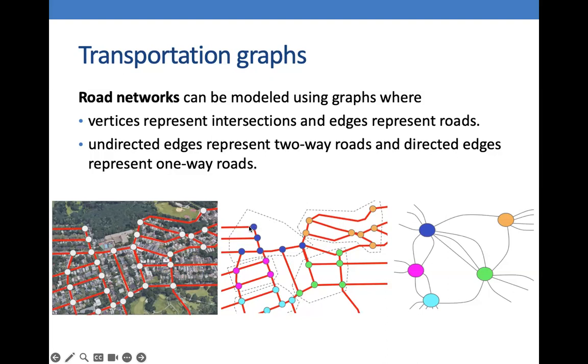So we can get all the intersections, and if there is a certain road between two intersections, then we can represent that with an edge. And we can also use an undirected graph to represent two-way roads, meaning you can go from this place to this place and from this place to this place. But if it is only a one-way road, we can use a directed edge. All right.